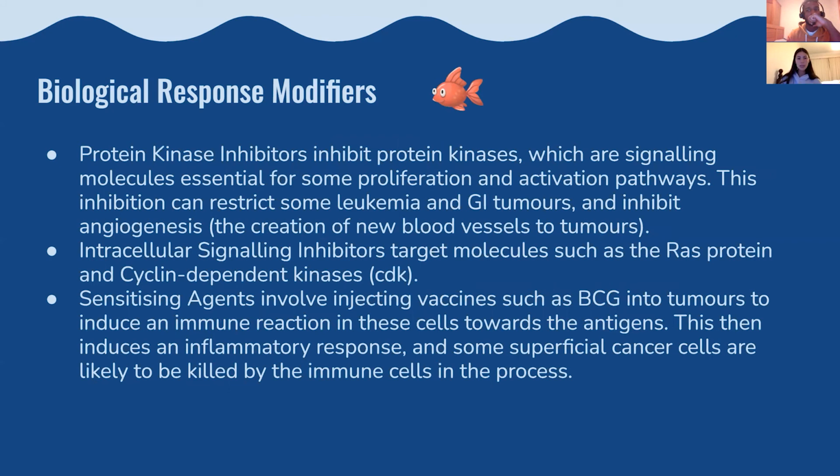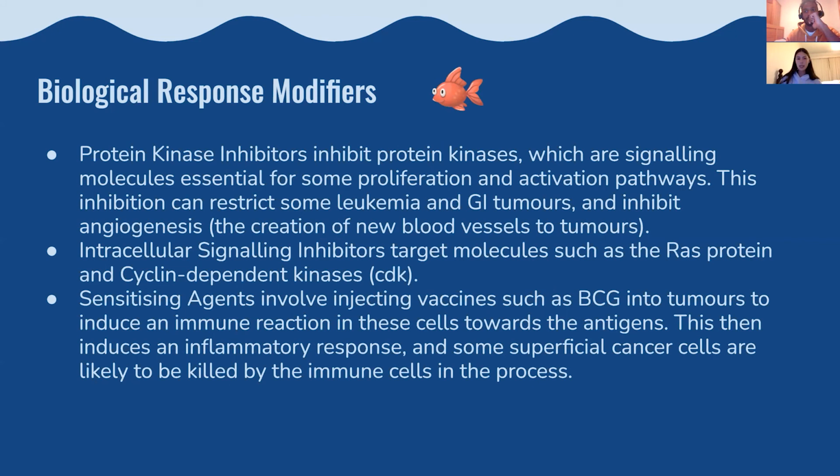Protein kinase inhibitors. These inhibit protein kinases, which are essentially signaling molecules essential for some proliferation and activation pathways. This inhibition can restrict some leukemia and GI tumors and inhibit angiogenesis, which is the creation of new blood vessels to form tumors.